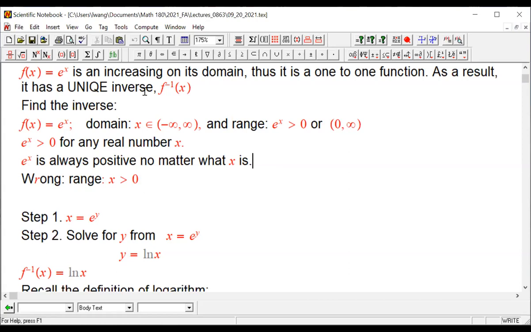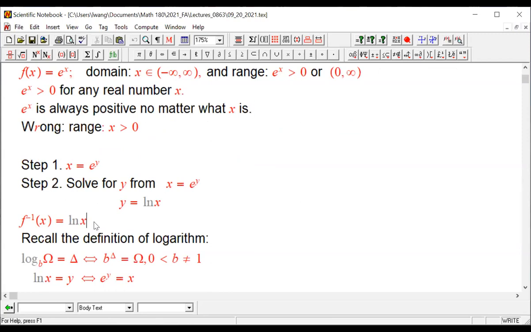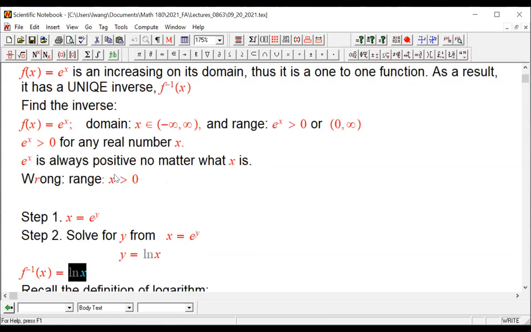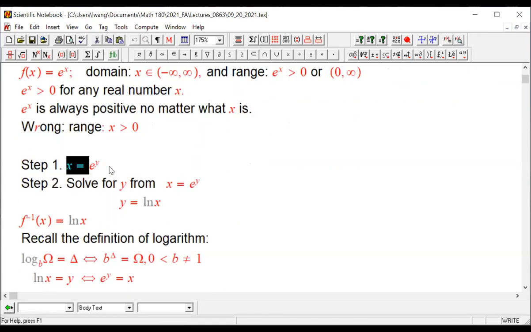All right, so that was quite a long review. So now we talk about the domain and range for ln x. At this moment, when we swap the x and y, the domain and range for ln x is already decided. What is it? One's domain and the other's range, right? The domain for e to the power x is from negative infinity to positive infinity.